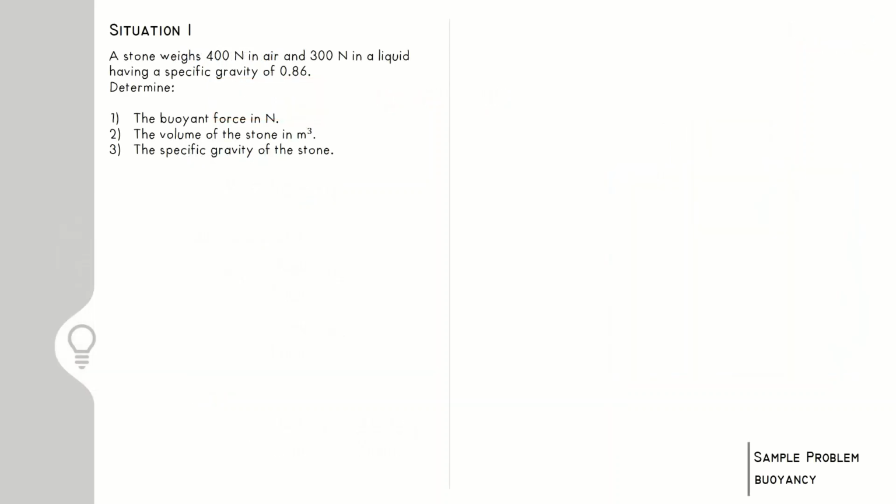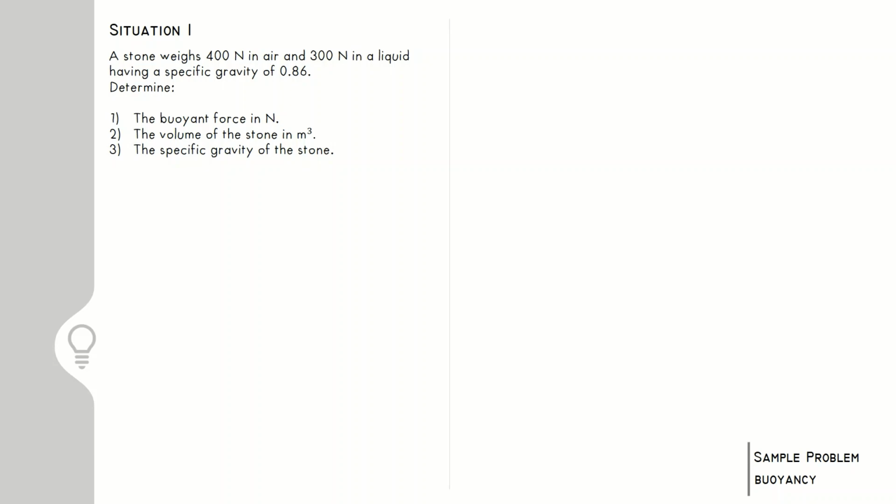A stone weighs 400 Newton in air and 300 Newton in a liquid having specific gravity of 0.86. Determine the buoyant force in Newton, the volume of the stone in cubic meter, and the specific gravity of the stone. Given in the problem the true weight, or the weight of the stone in air, denoted as TW, which is 400 Newton.